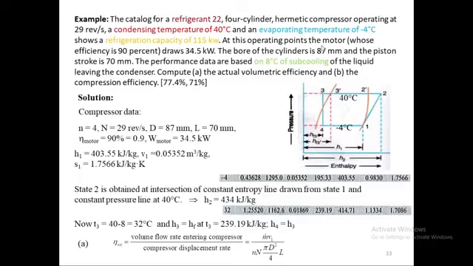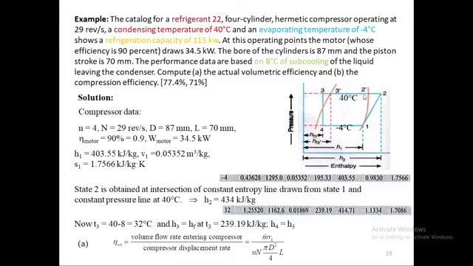At this operating point, the motor, whose efficiency eta M is given as 90%, draws 34.5 kilowatt of power. The bore of the cylinder is 87 millimeter and the piston stroke is 70 millimeter. So bore and stroke are given, so we can calculate the swept volume. The performance data are based on 8 degrees centigrade of subcooling.